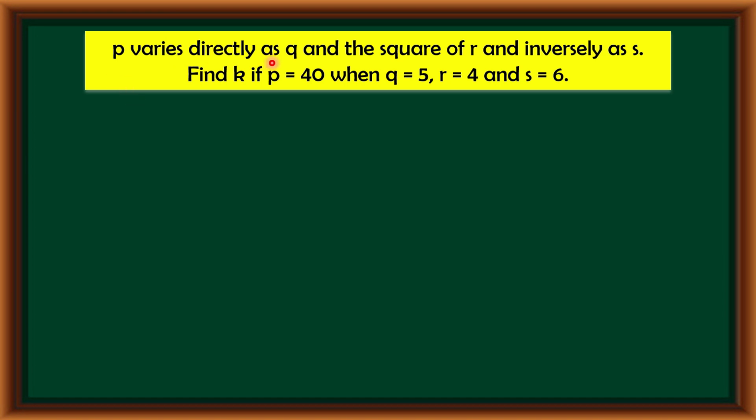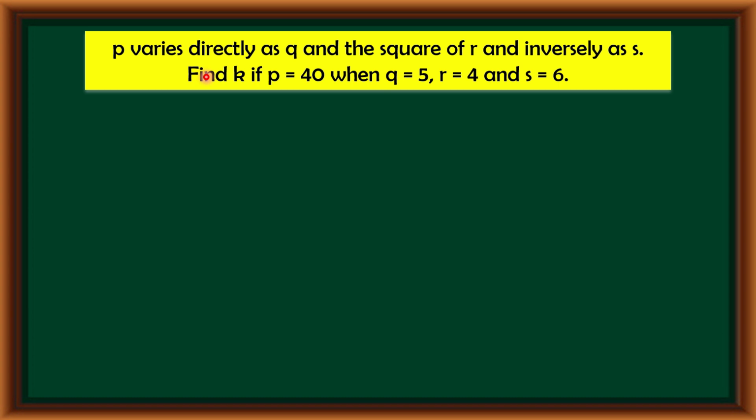So let us try another one. P varies directly as q and square of r and inversely as s. Find k if p is equal to 40 when q is equal to 5, r is equal to 4, and s is equal to 6. So again, we are asked to find the value of k or the constant of variation.